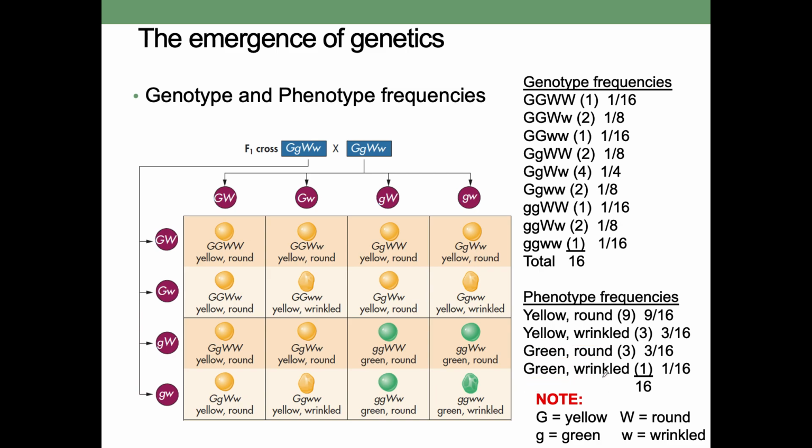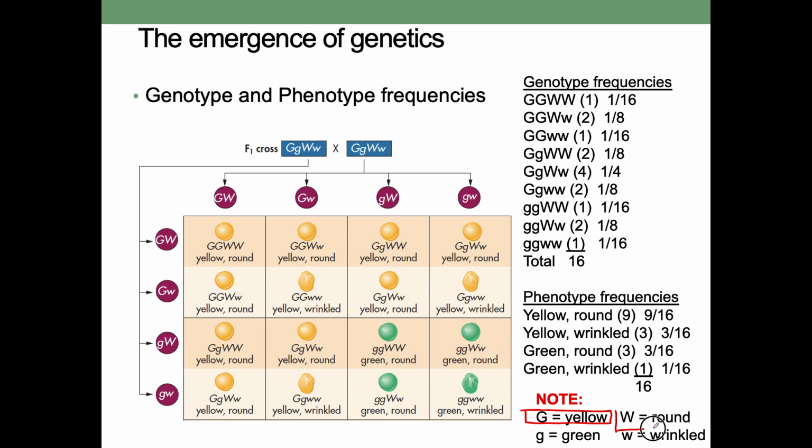And so hopefully you can see with the phenotype frequencies, when you look at this, the highest numbers are associated with dominant phenotypes. So remember that the yellow color, which is associated with big G, is the dominant allele.